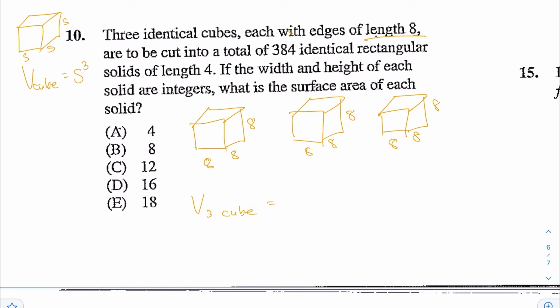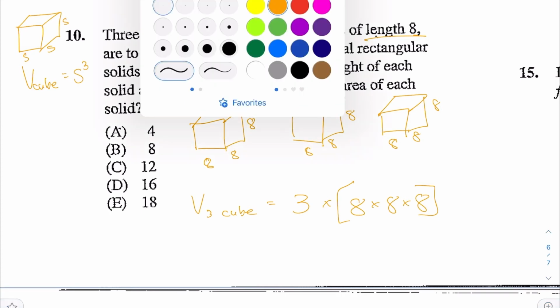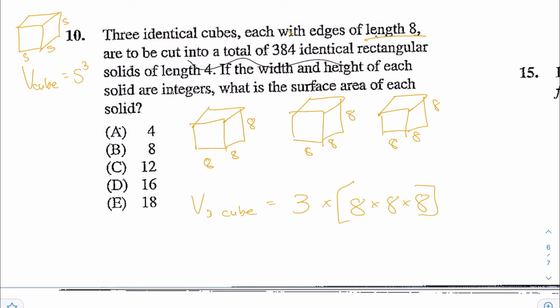So here you have 3 of these, so you have to do 3 times the volume of one of these cubes, which is 8 times 8 times 8, or 8 cubed. Now we're going to cut them into smaller pieces, and each of these smaller pieces, we don't know the width and the height, but they have a length of 4. And the width and height, W and H, we don't know.